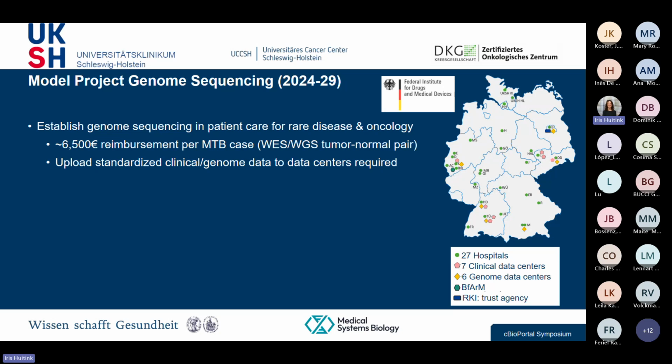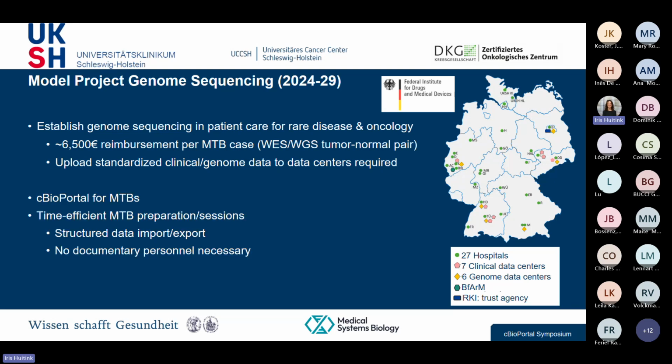We will get about 6,500 euros per patient case in oncology, for sequencing, pathology, reporting, and everything included. The requirement to get the money is also to upload standardized data, about 300 variables per patient, plus the raw data to central genome centers, which are dispersed across Germany, just like the clinics you can see here in green.